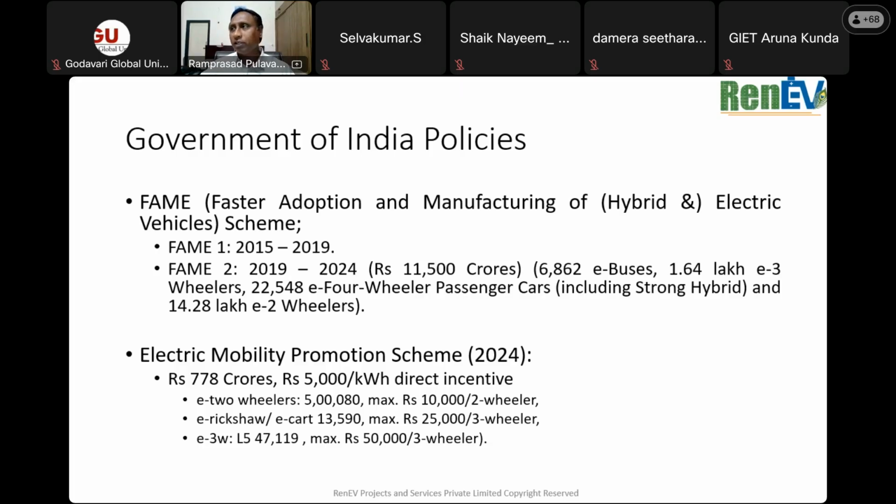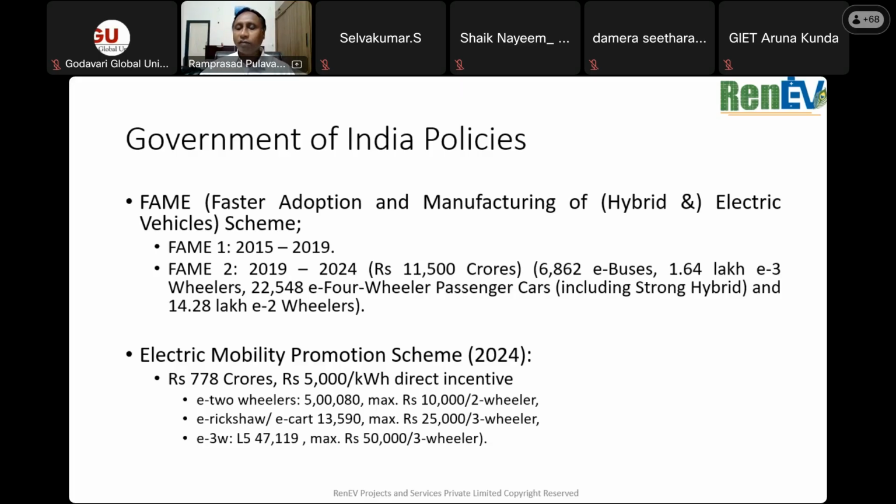It is only 778 crores, and the subsidy is given in the following manner. It is restricted to rupees 5,000 per kWh. When we say 5,000 per kWh, kWh refers to the battery capacity.